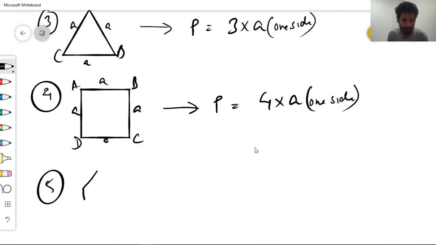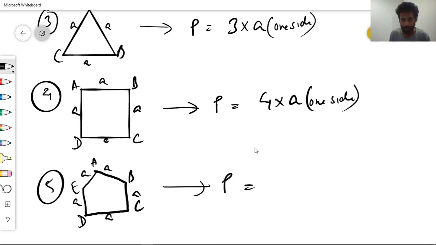Now a five-sided figure, all the sides will be equal, and this is called a regular pentagon, and its perimeter will be 5 into A, that is one side.